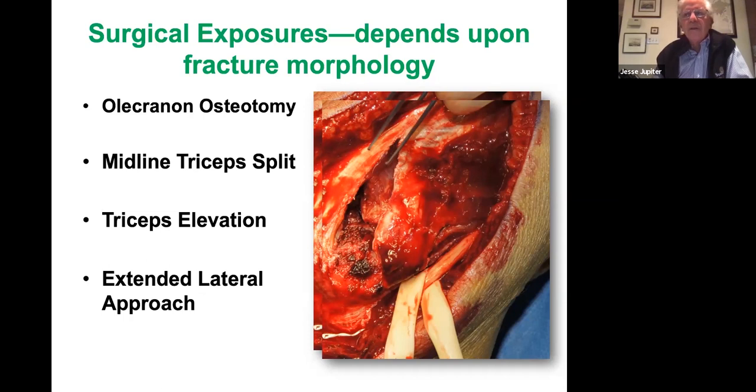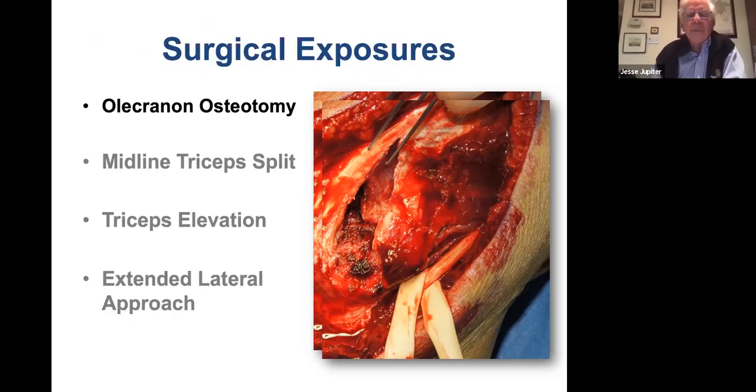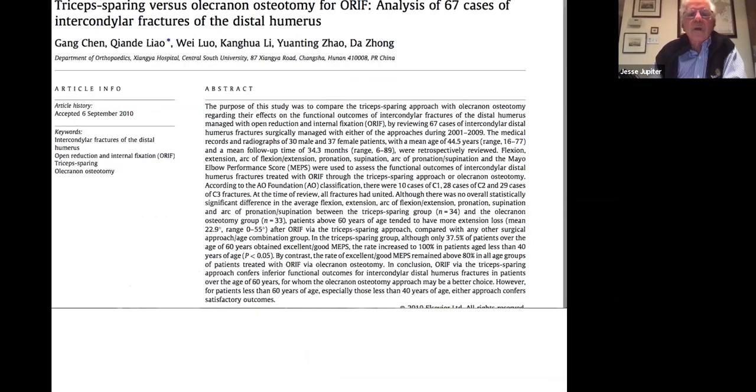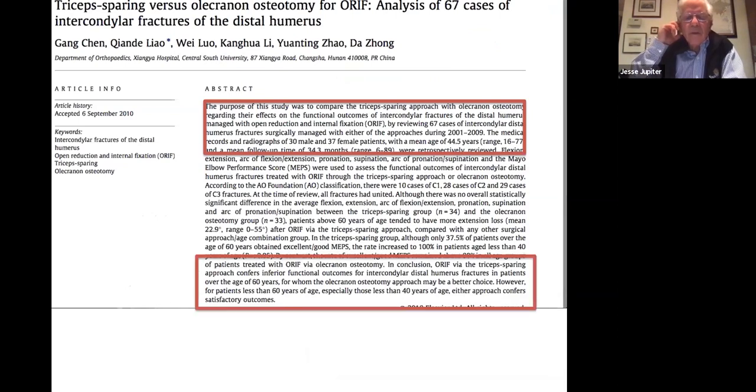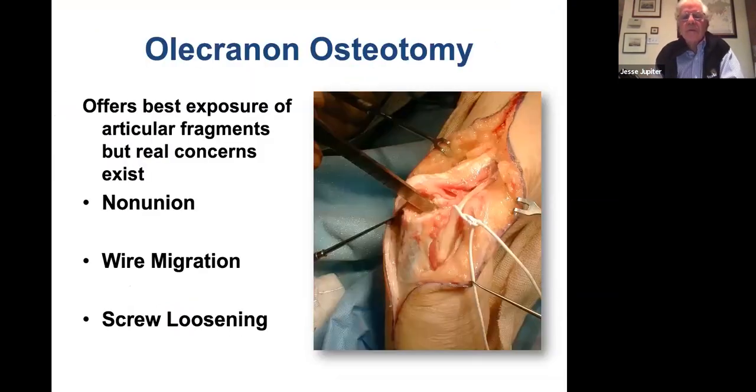The other advantage of not doing the olecranon osteotomy is with the olecranon intact, you have a template to build and check your reduction of your trochlea. Well, there are some studies that suggested for very complex fractures, this study compared triceps sparing with olecranon osteotomy, and suffice it to say, they found in complex fractures, especially in older age patients, the olecranon osteotomy is a better idea.